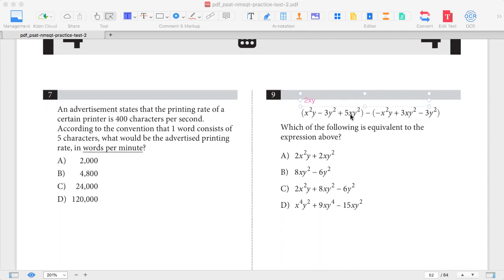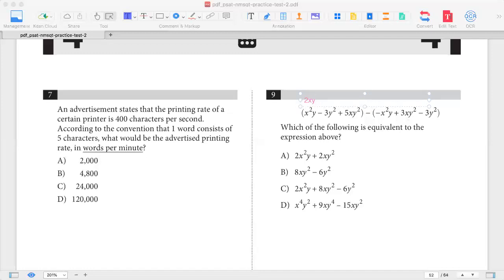Okay. x y squared. Do I have x y squared? Yes, I have it here. So I have positive 5xy squared and negative 3xy squared, positive 5 and negative 3.